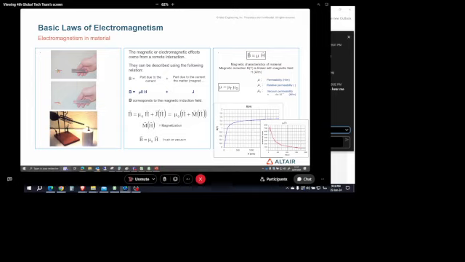So when we talk about materials, and about canalizing the magnetic field, there is one term we have to know, which is the magnetic flux density. This magnetic flux density depends on the quantity of the magnetic field or flux on a given surface, and it's linked to the characteristics of the material.